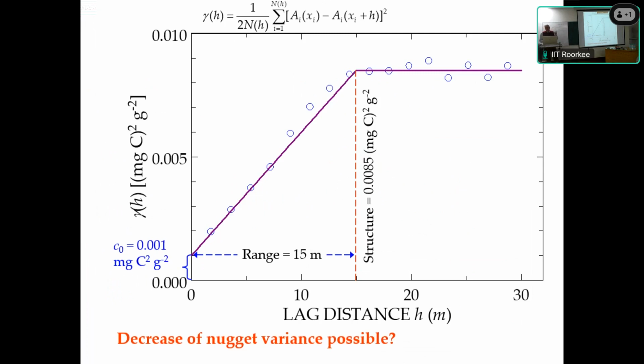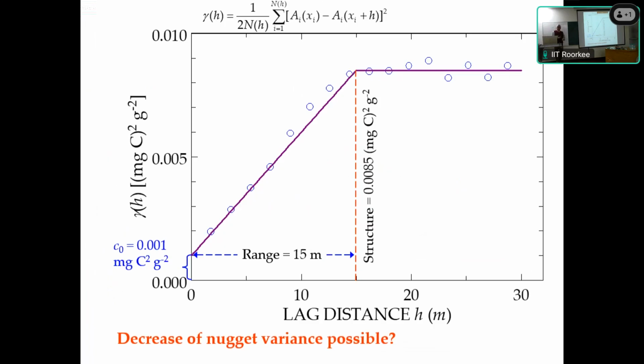And we ask now, what would be the average difference that we can expect from observations that are sampled at 15-meter distances? That's an important thing to know. If I sample here and 15 meters further, what's the difference between both? That's what the semi-variogram informs us about. So this 0.0085, we need to multiply it by 2 and then take the square root of it, that is 0.13.